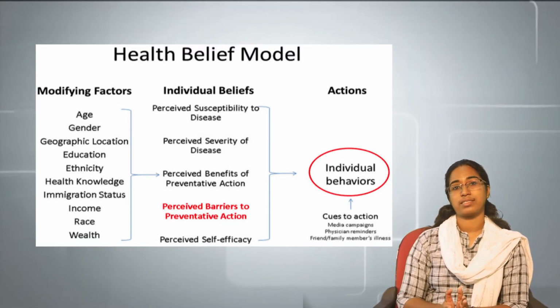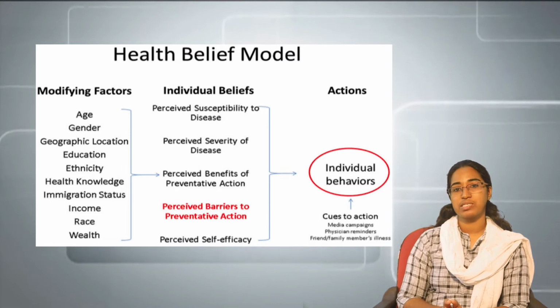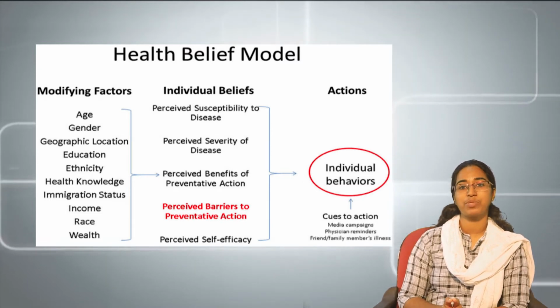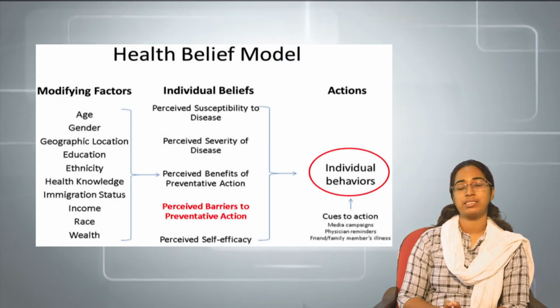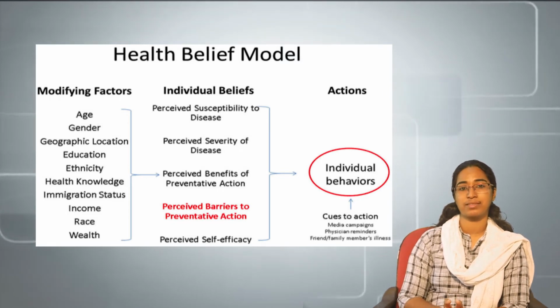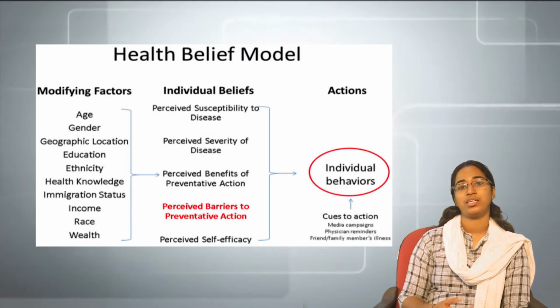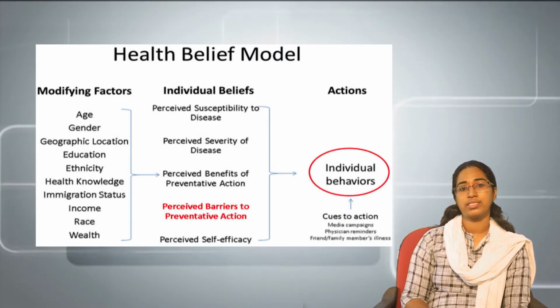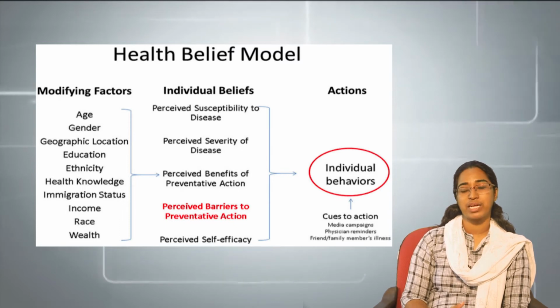So, these factors, that is perceived susceptibility, perceived severity, benefits and perceived barriers to preventive action and perceived self-efficacy, depend upon different modifying factors, that is age, gender, geographical location, education, ethnicity, health knowledge, immigration status, income, race, wealth.